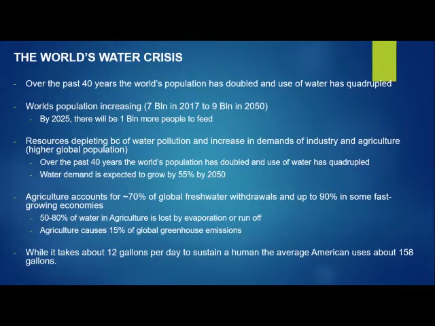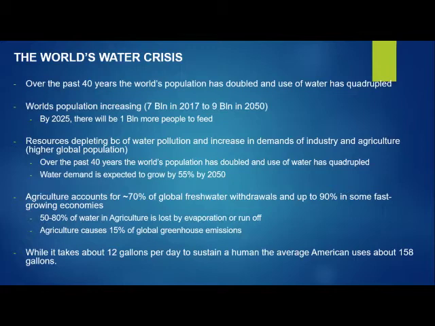I just mentioned it a couple of minutes ago, but one thing I really want to emphasize is agriculture. 70% of global freshwater withdrawals, and up to 90% in some fast-growing countries, are because of agriculture.